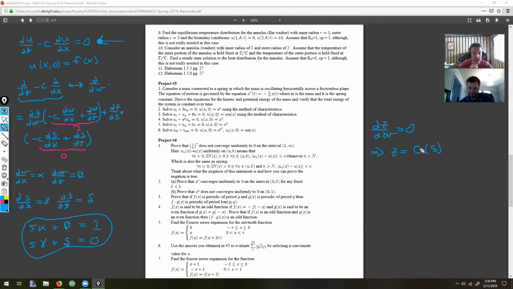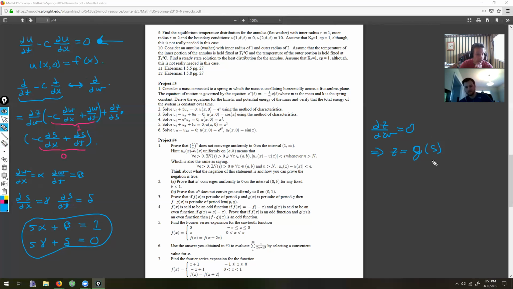In my notes, I usually pick that to be like a g of s. It's going to be some function of s. You see, if I differentiate this with respect to w, I get back 0.